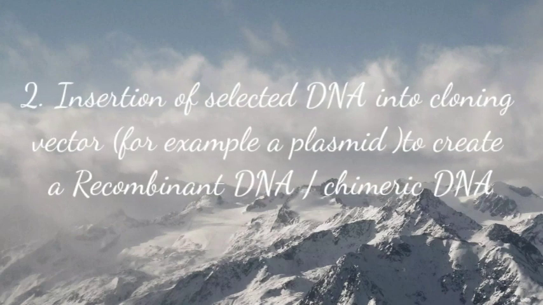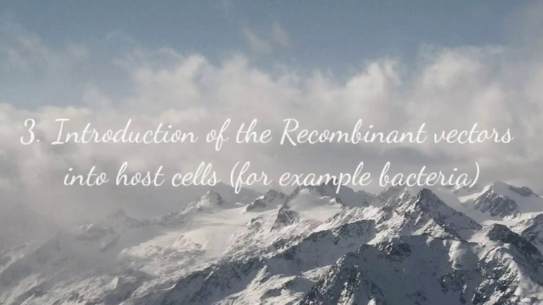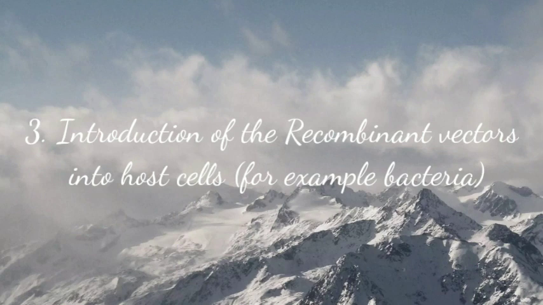Second, insertion of selected DNA into cloning vectors, for example a plasmid vector, to create a recombinant DNA or chimeric DNA. Chimera is a mythical beast containing properties of three different organisms. Third step is introduction of the recombinant vectors into suitable hosts, for example bacterial cells like E. coli.